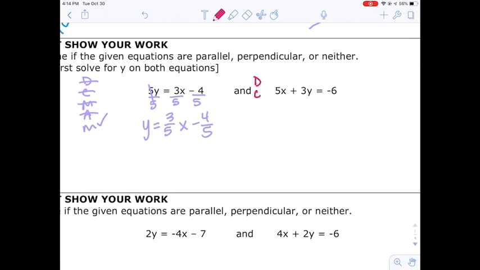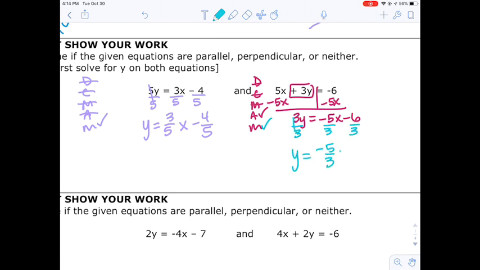And then on this side, to get y by itself, I need to move 5. So that was the adding or subtracting step. And then I need to divide everything by 3.